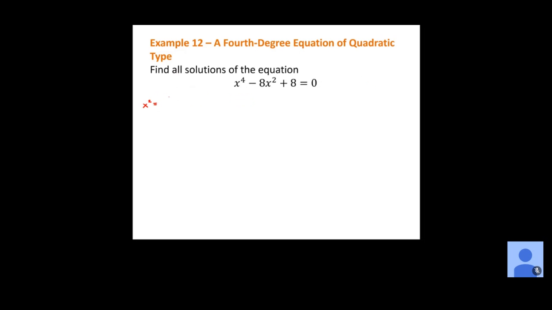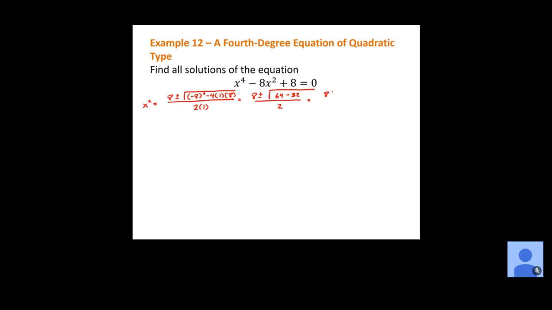So we're going to get negative b, which is 8, plus or minus the square root of b squared, which is negative 8 squared, minus 4 times a times c, all over 2 times a. Okay, so again, we have our 8 on the outside, plus or minus the square root. Negative 8 squared is 64. Negative 4 times 1 times 8 is going to be a minus 32. And then 2 times 1 is 2.